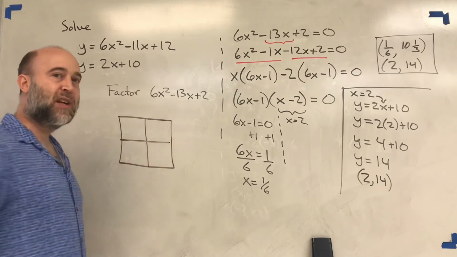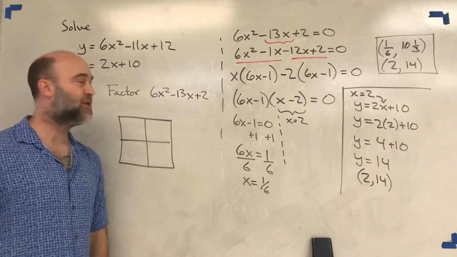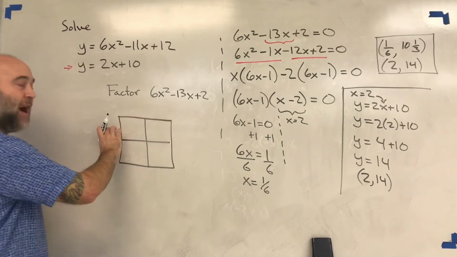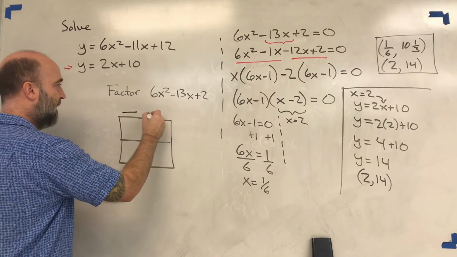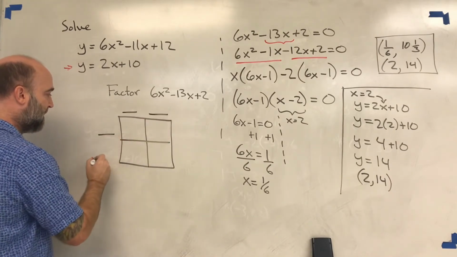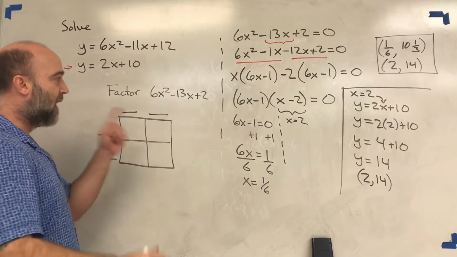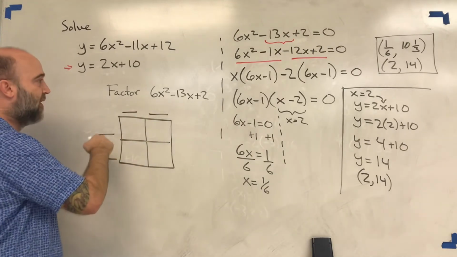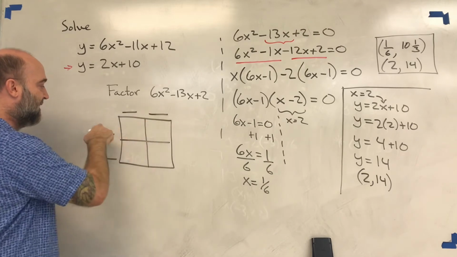The generic rectangle method sometimes is a little bit easier for students to deal with. We're looking for what goes in on the outsides here. So this is missing, this is missing, this is missing, this is missing. If I do it right, I should have 6x minus 1 and x minus 2, or the other way around, x minus 2 and 6x minus 1.